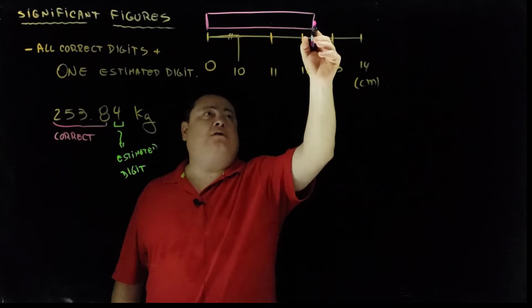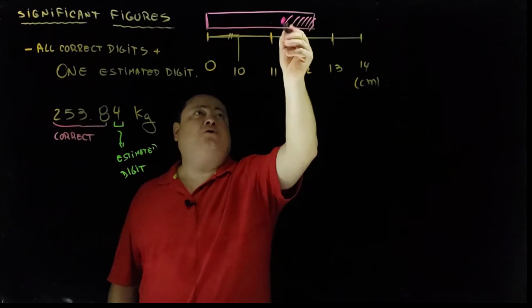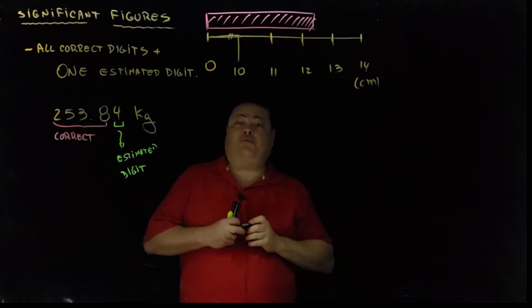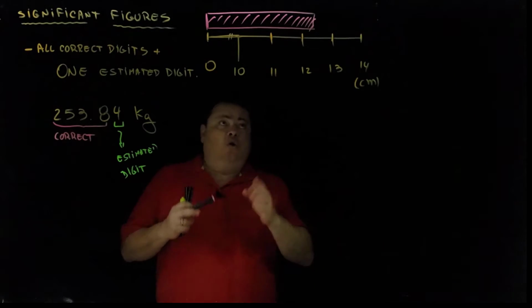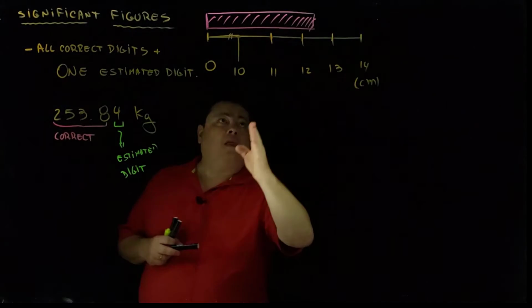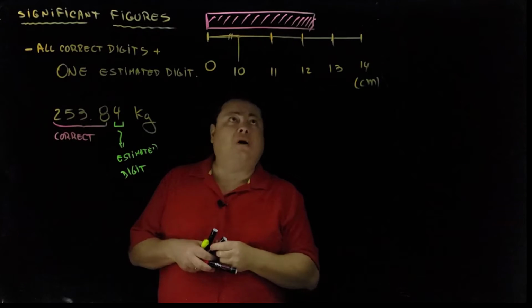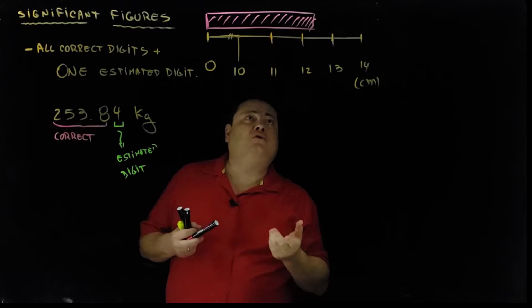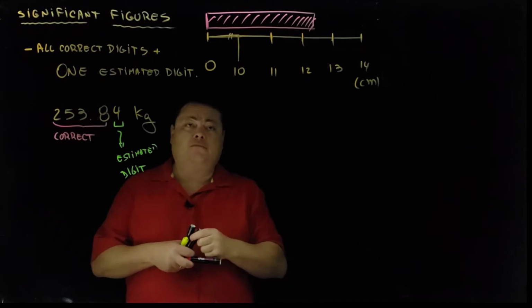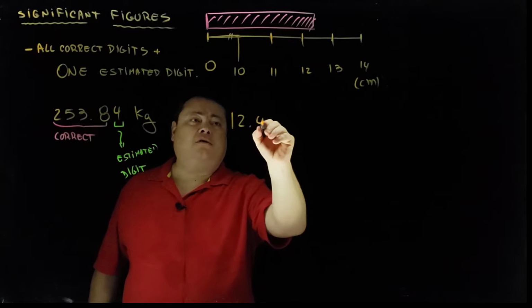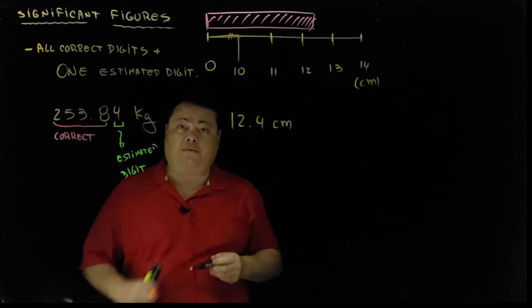So this is the object I'm trying to measure, and we are sticking with the simplest possible example. When I look at this, I think it's more than 12 and less than 13. So I'm going to write, for example, 12.4. So my result for now is 12.4 centimeters.